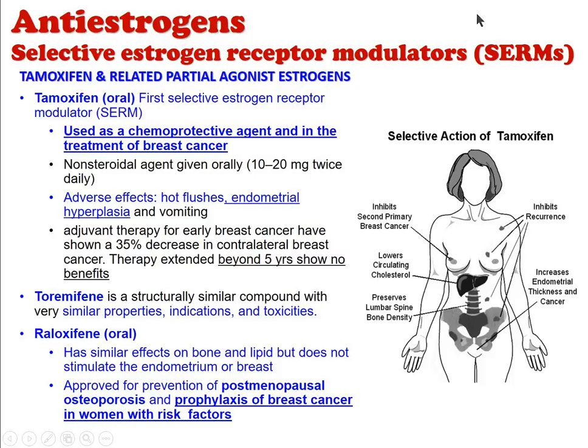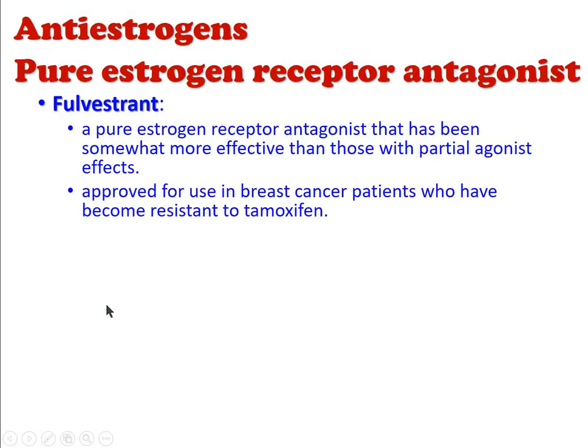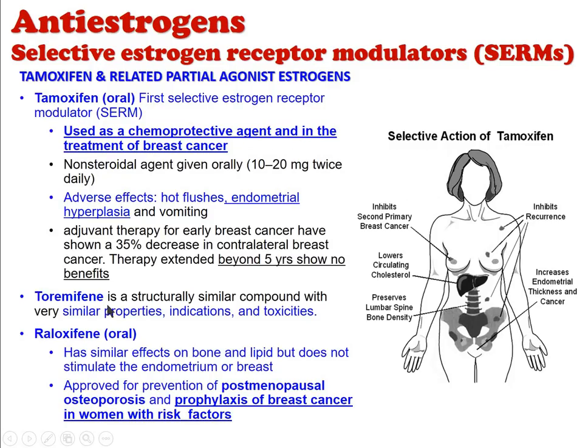If you remember that chart, estrogen therapy had good effects and bad effects. What this drug is doing is channeling only the good effects, not the bad effects. So make sure that you remember the effects of tamoxifen, how it is different from raloxifene, and the clinical uses for these drugs.